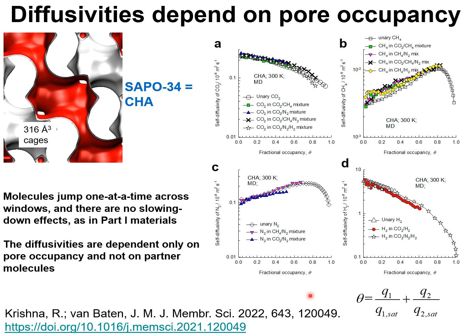I demonstrate this only for Chabasite. These are the diffusivities of CO2, methane, nitrogen, and hydrogen. In each case, we compare the unary diffusivities with diffusivities in various binary and ternary mixtures. For CO2, the diffusivity is uniquely dependent on pore occupancy.